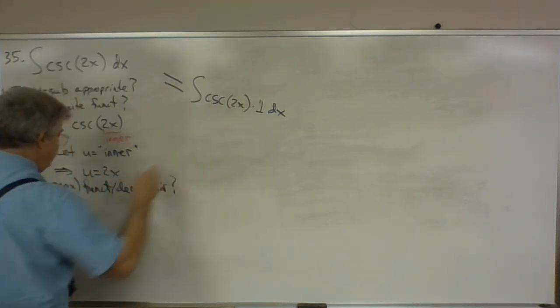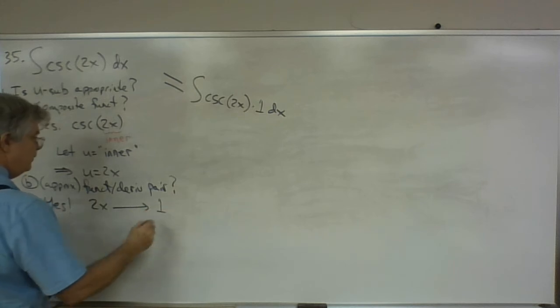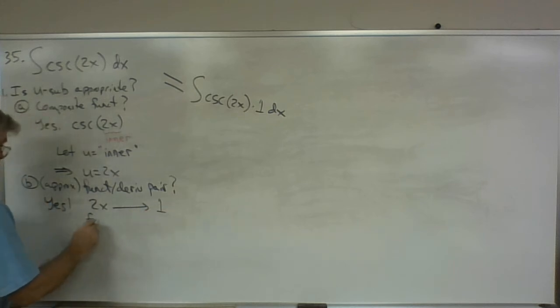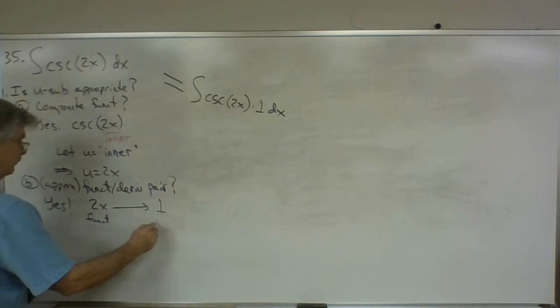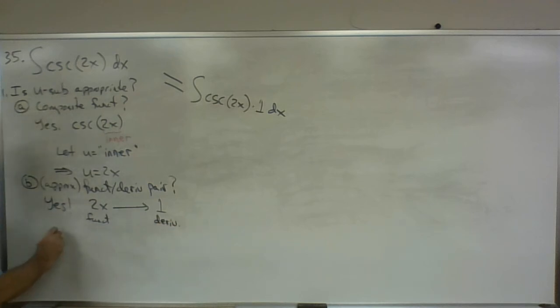The function is going to be 2x, and the derivative is going to be 1 approximately. So 2x is the function, and 1 is approximately the derivative. And our rule of thumb says let u equal the function. So u will be 2x.